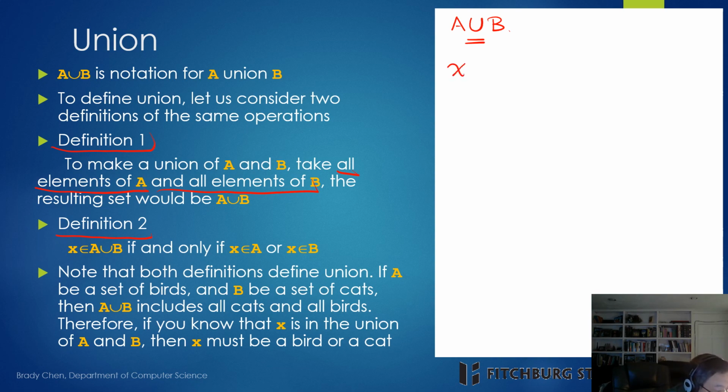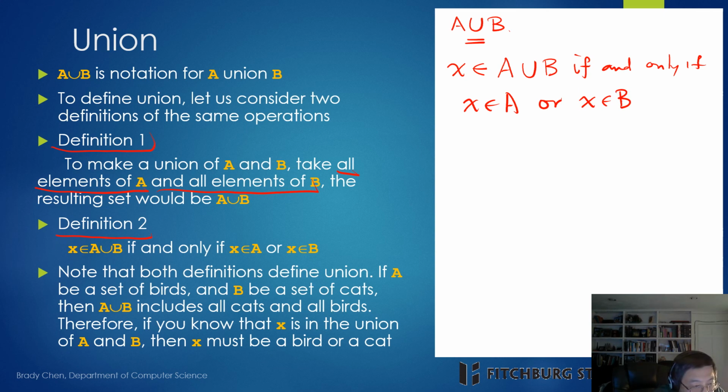The element x belongs to A union B if and only if x belongs to A or x belongs to B. Okay. So that defines the union of A and B.